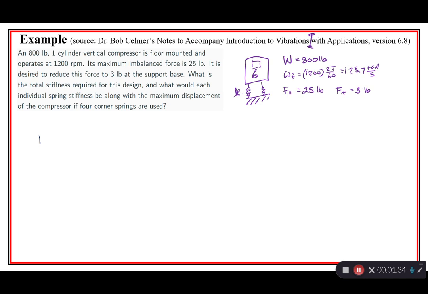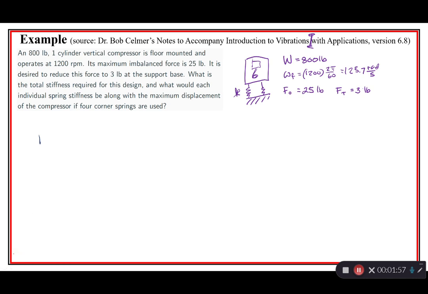What would each individual spring be if it was supported by 4 corners? So there's going to be 4 stiffeners in parallel, so they're going to add together for a total stiffness. So we'll find the stiffness required, and then we will divide it by 4 to get the answer.